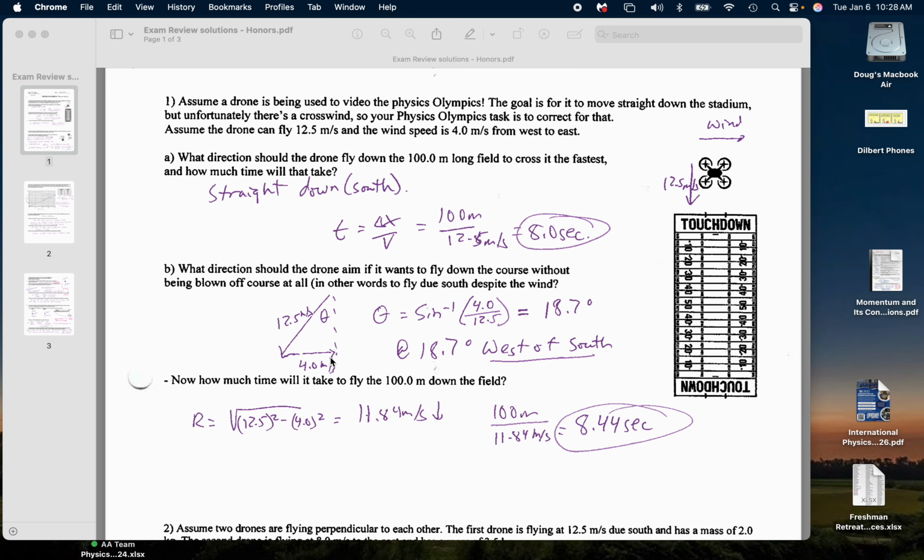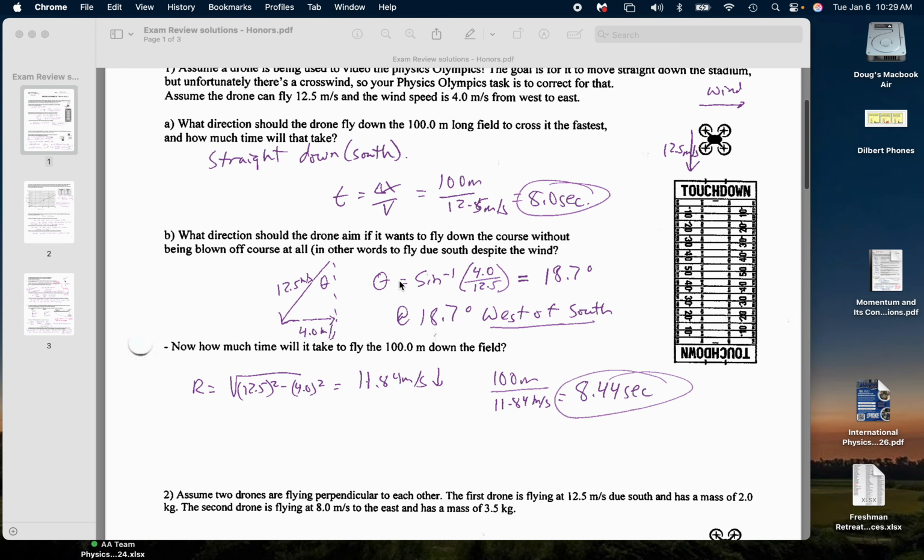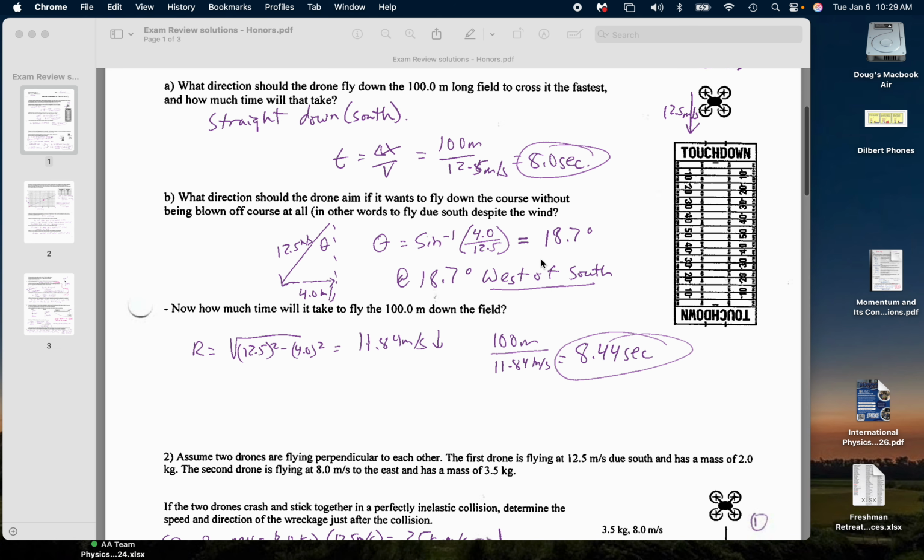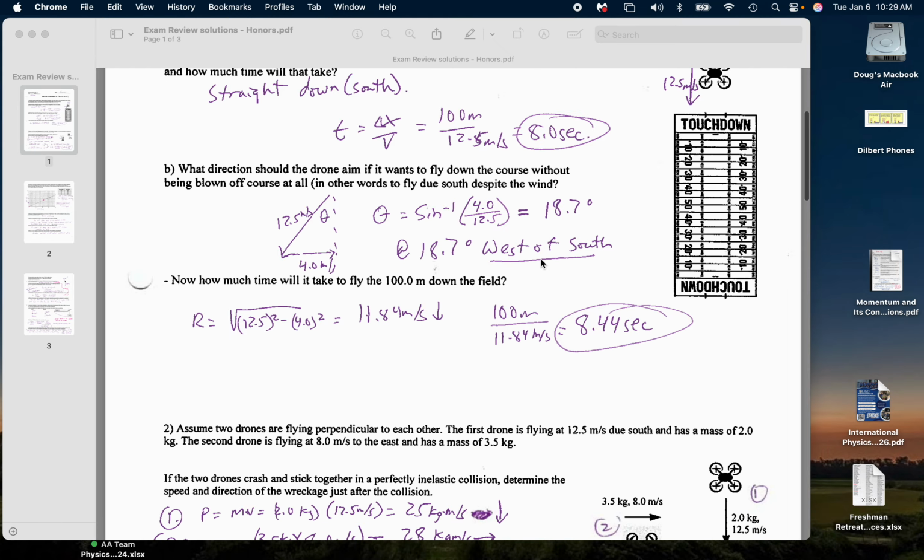I have 4 meters per second here and 12.5 meters per second over here. When I do the trig, it's inverse sine of 4 over 12.5, so I get 18.7 degrees west of south, so 19 degrees west of south. You could also say 71 degrees south of west if you wanted to.